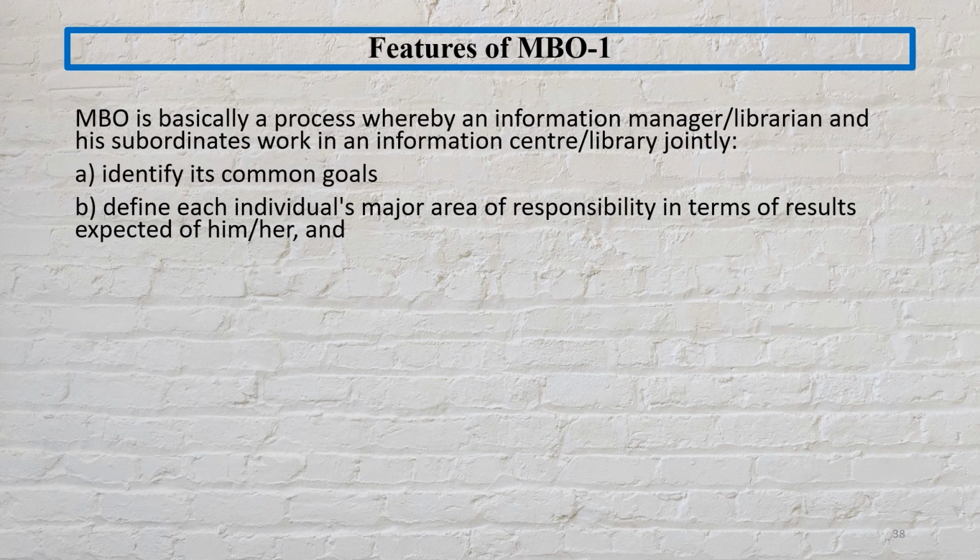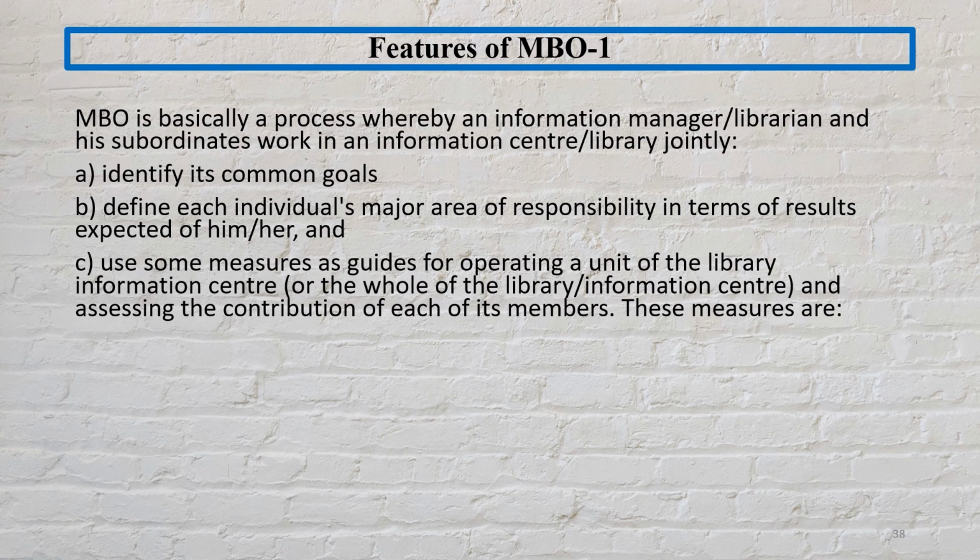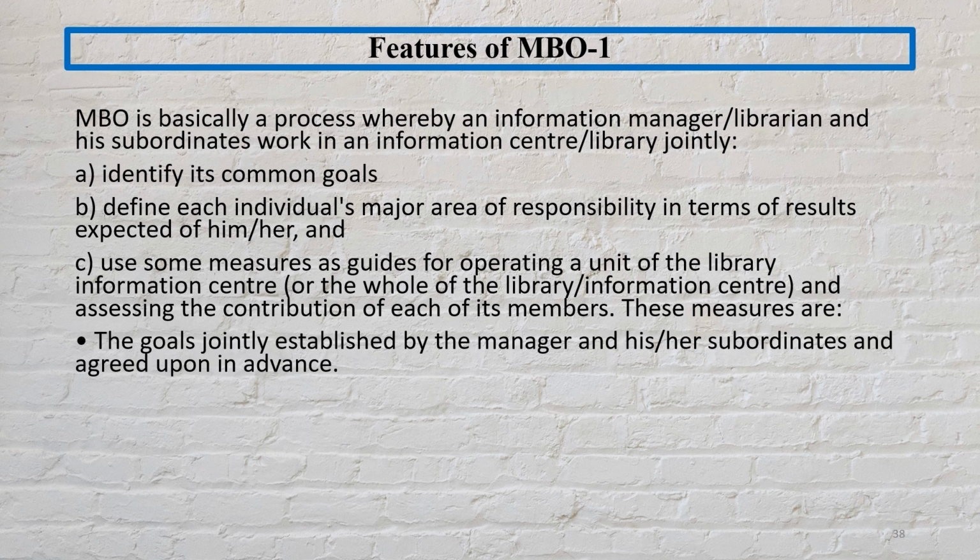Define each individual's major area of responsibility in terms of results expected of him or her. Use some measures as guides for operating a unit of the library information center and assessing the contribution of each of its members. These measures are the goals jointly established by the manager and subordinates and agreed upon in advance.